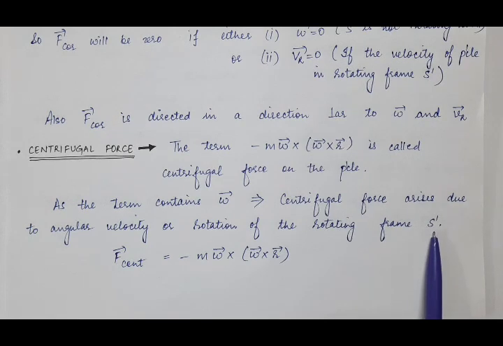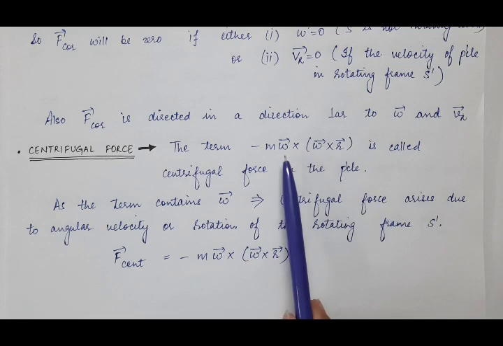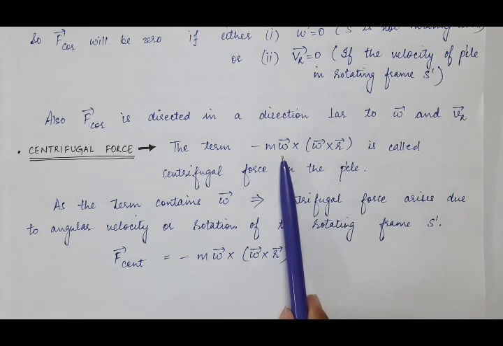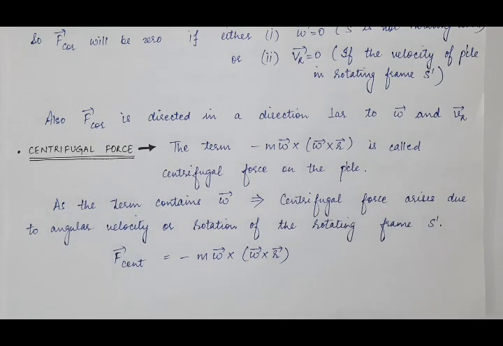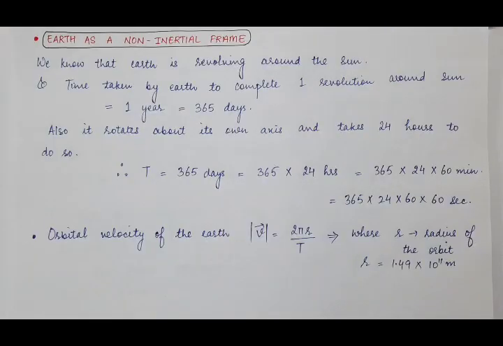Because if this frame S dash is not rotating at all, then its angular velocity omega vector will be 0, which will make this centrifugal force equal to 0. So both of these forces, Coriolis force and centrifugal force, arise due to the rotational motion of the rotating frame of reference S dash.